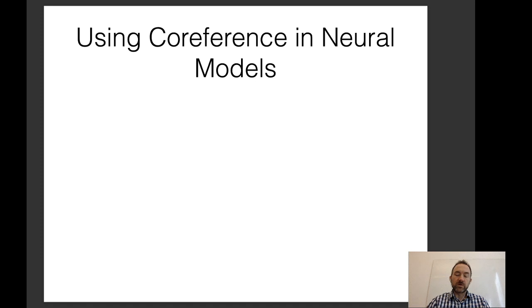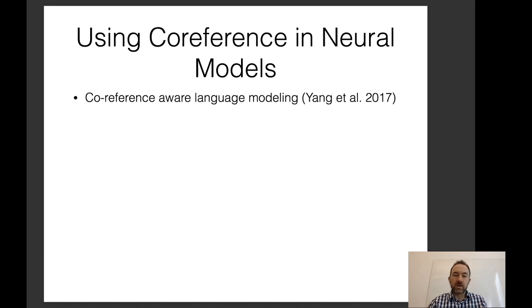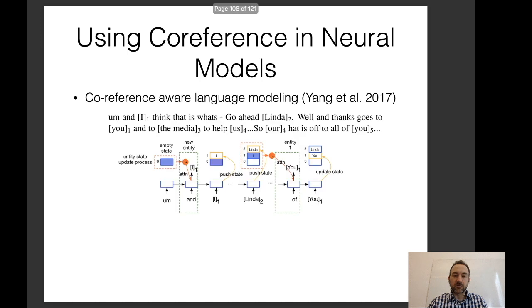Another reason why you might want to use coreference is for use in neural models. There have been methods, for example, coreference-aware language modeling that gradually build up representations of entities in documents, maybe across an entire book, based on coreference relations.